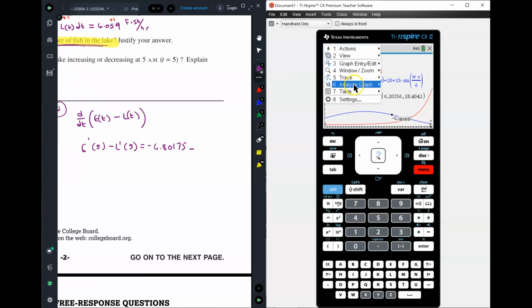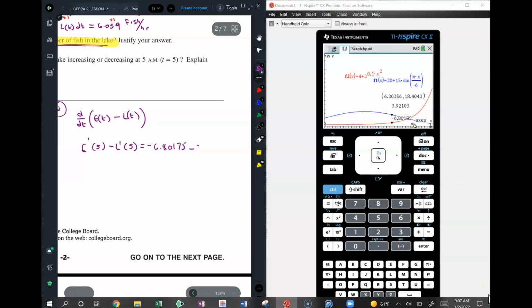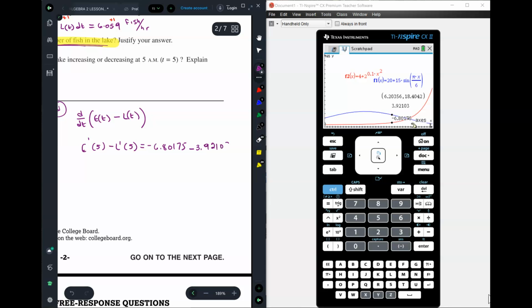Menu, analyze graph, dy/dx, this graph at 5 is, what is that? 3.92. Okay, so together that's negative 10.7228, which is less than 0. Therefore, the rate of change of the number of fish is decreasing.